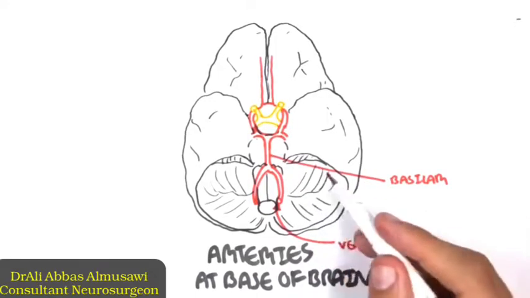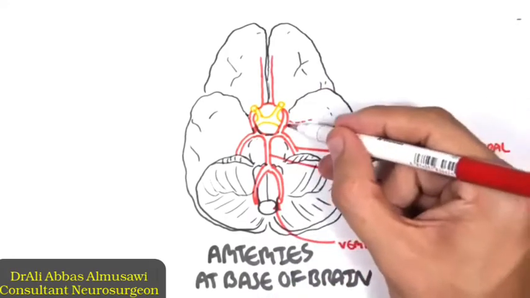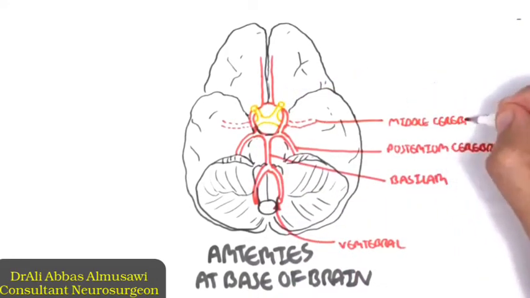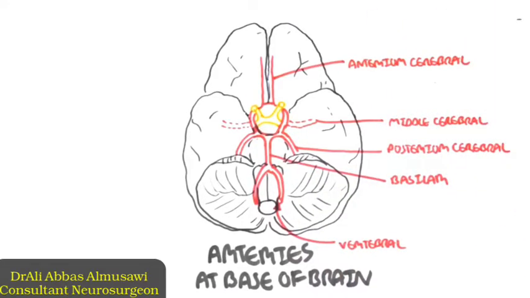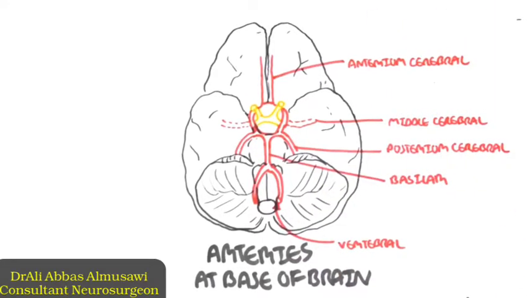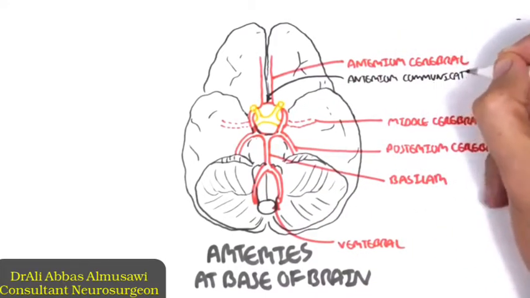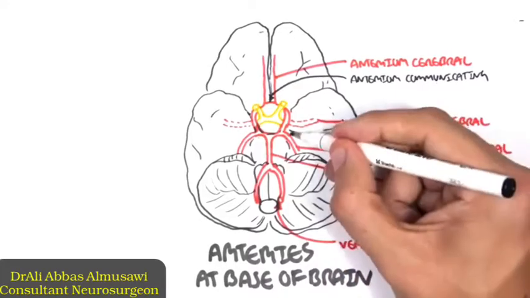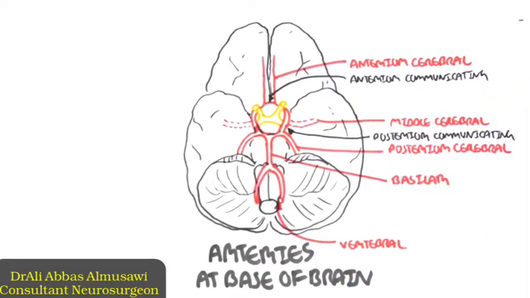The circle of Willis gives off a few branches: the posterior cerebral, the middle cerebral, and the anterior cerebral artery. Joining the anterior cerebral arteries is the anterior communicating artery, because it's the communication between the anterior cerebral arteries. And joining the middle and posterior cerebral arteries is the posterior communicating arteries.